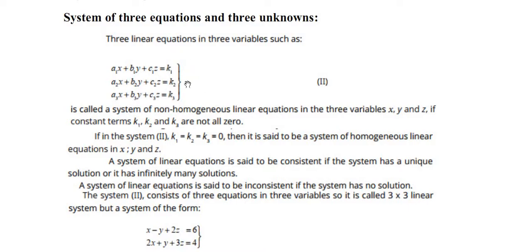If in this system k1, k2 and k3 are equal to 0, then it is said to be a system of homogeneous linear equations in x, y and z.